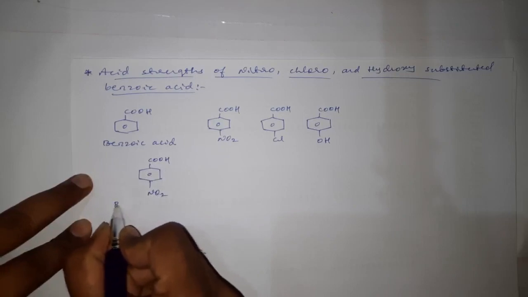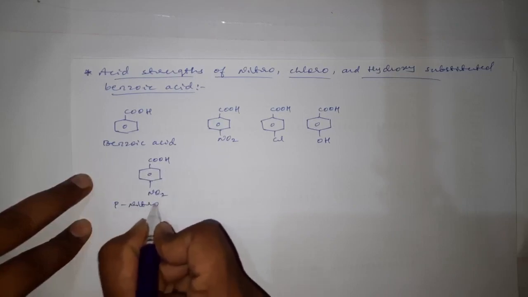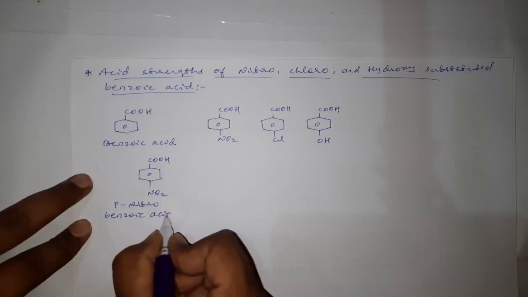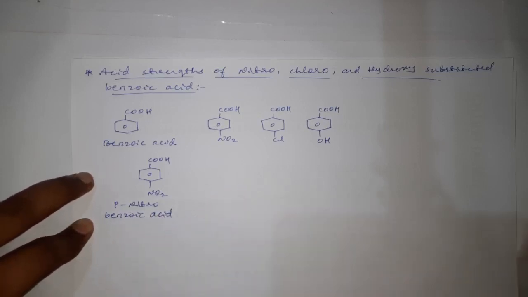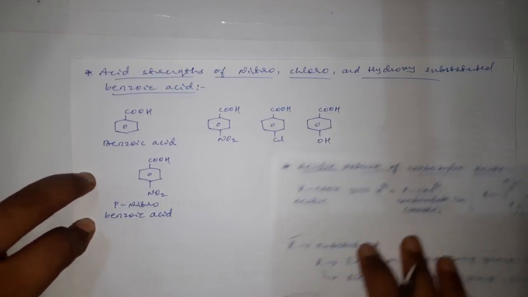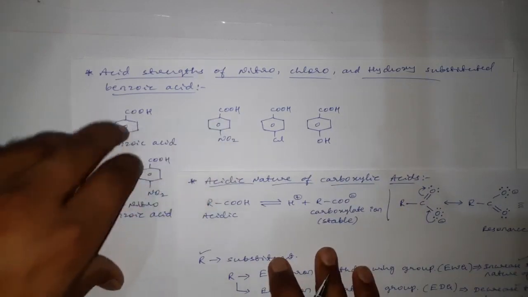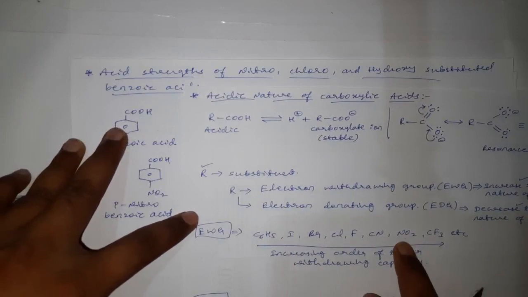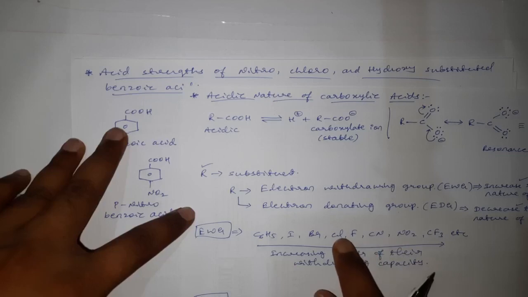that is what, para nitro benzoic acid. Para nitro benzoic acid. See here, these two are electron withdrawing groups only, but in a series this nitro group is having high capacity of withdrawing the electrons as compared to chlorine.